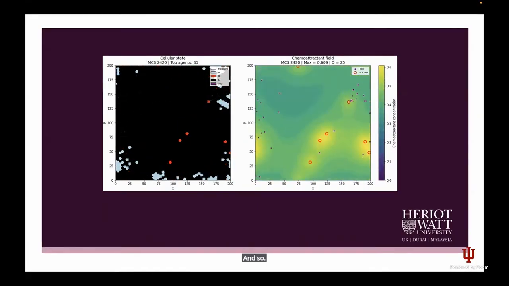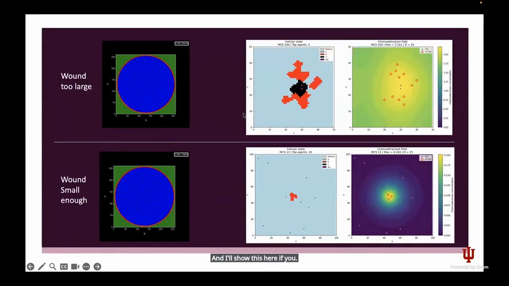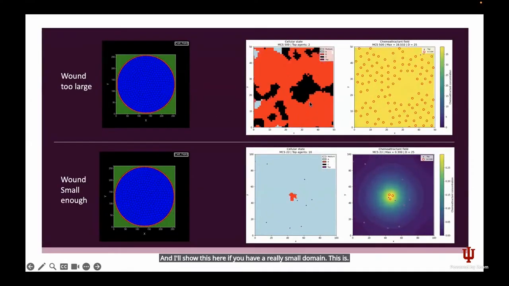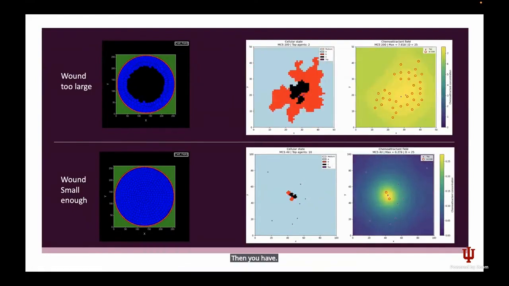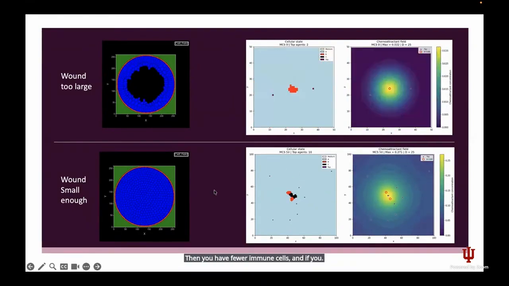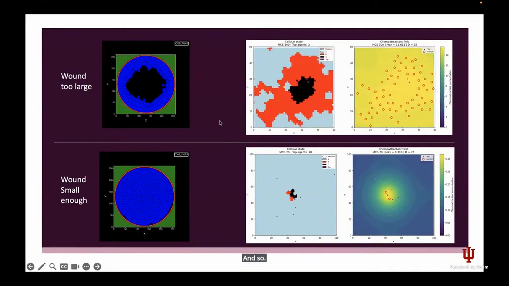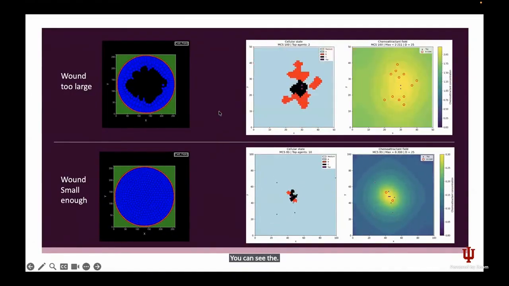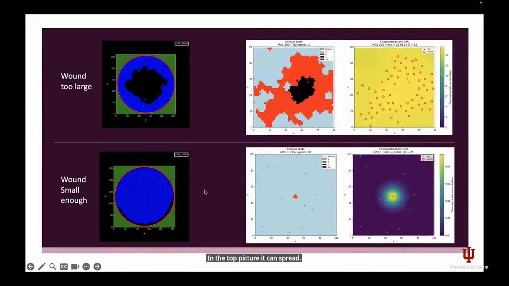If you have a really small domain, and I'll show this here, this is 50 by 50, the top picture, then you have fewer immune cells. And if you increase the domain size, then it scales by that increase. And so you can see the difference in how the infection is fought. In the top picture, it can spread, in the bottom, it can't.